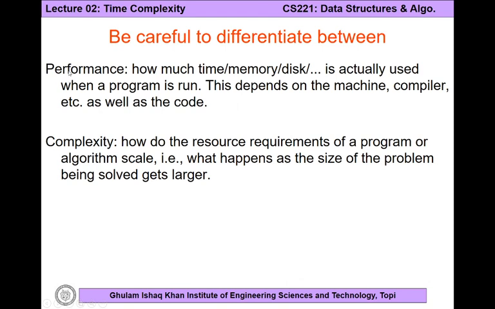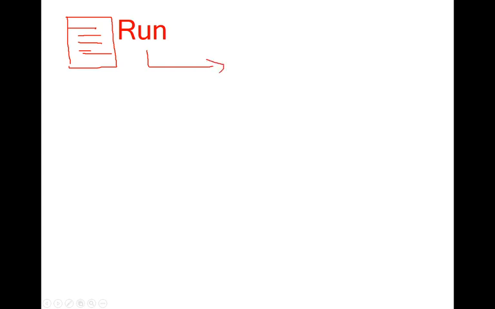For example, if we have a piece of code, and if you run it, then you will have two things, right? One is the time, and the other one is space.